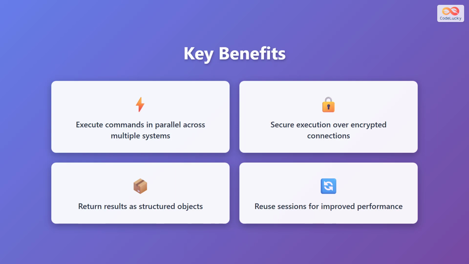Third, Invoke-Command returns results as structured PowerShell objects, not just text, which means you can easily filter, sort, and manipulate the results using other PowerShell cmdlets. Finally, by reusing sessions, you can significantly improve performance when running multiple commands against the same remote computers, as the connection overhead only occurs once.